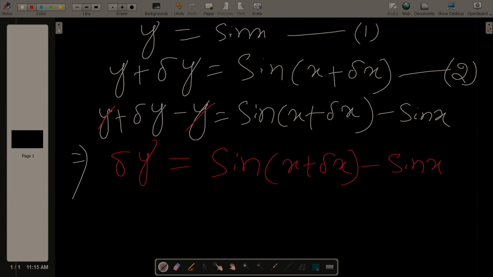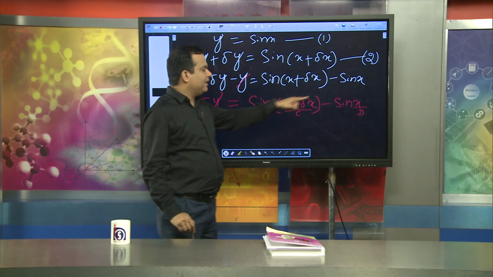I can write this very simply: suppose this is sin c, where I have taken c as x plus del x, and x I have taken as d. That means sin c minus sin d.